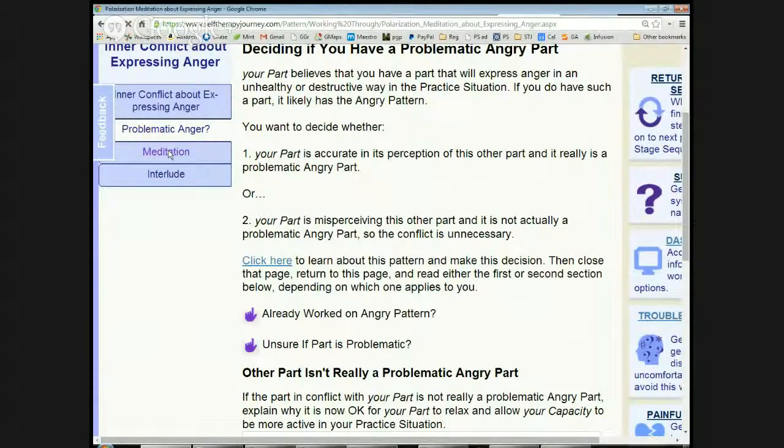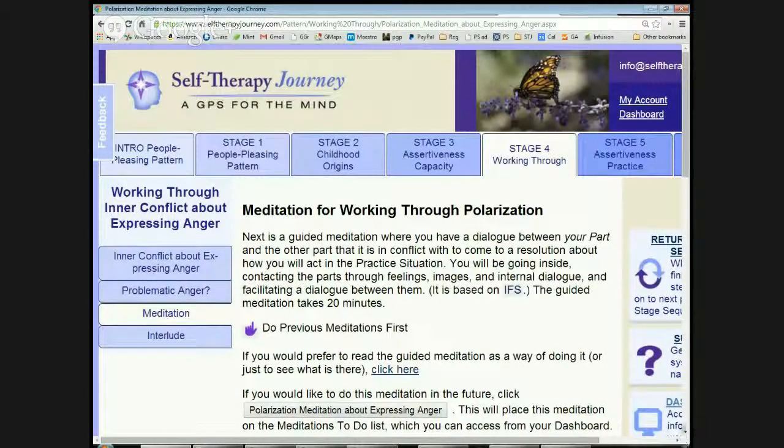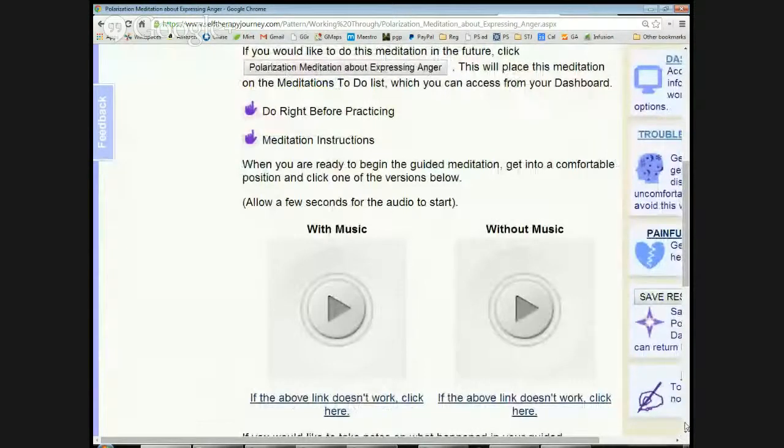go to the next page where it actually has a guided meditation for taking you through working on polarization using IFS, which basically means helping those two polarized parts that are at odds with each other to get to know each of them, which you've probably already done, but then helping them to actually learn how to communicate with each other and begin to cooperate with each other so you can resolve the inner conflict.